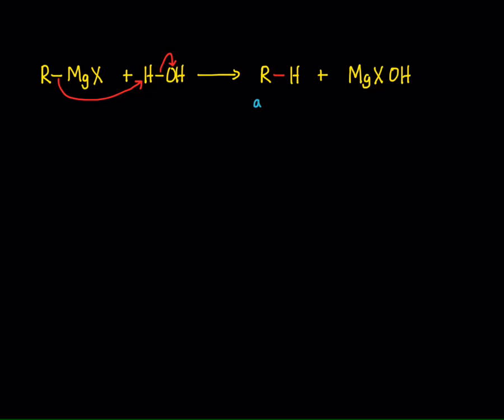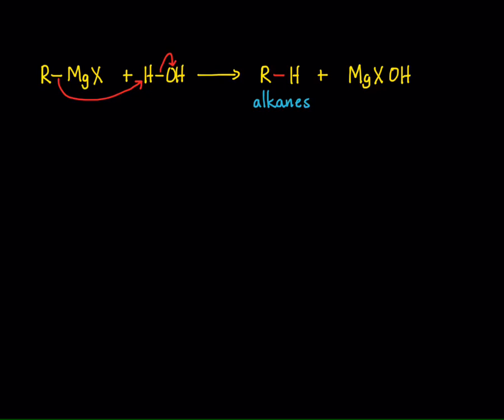But the key is that this is a way of making alkanes. So notice I took an alkyl halide, I converted it to a Grignard or an organolithium, doesn't really matter which one, and then I react it with water and I produce an alkane. And this is an amazing way of making alkanes, a very simple way of making alkanes.